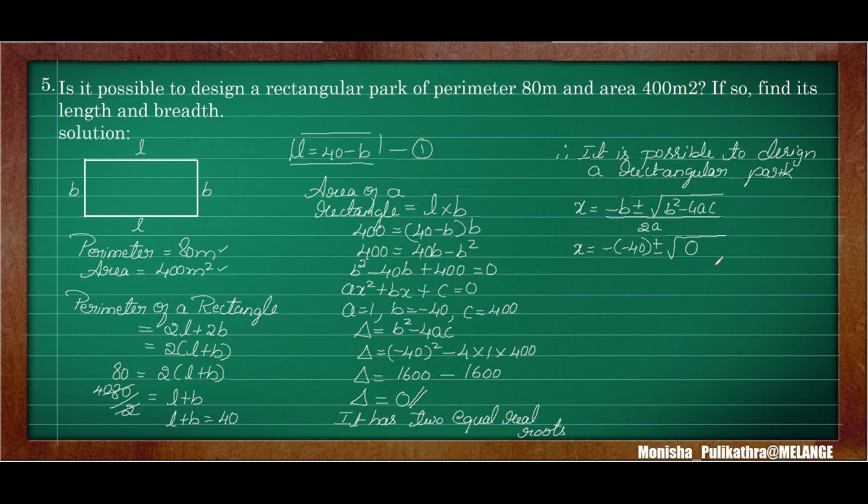So I will be directly applying that. Divided by 2 into a, which is 1. So x is equal to minus into minus, plus 40 divided by 2, and root 0 cancels. So divide by 2, 2 20s are 40. Okay, so x is equal to 20. So this will be the breadth. x is equal to 20 will be the breadth.